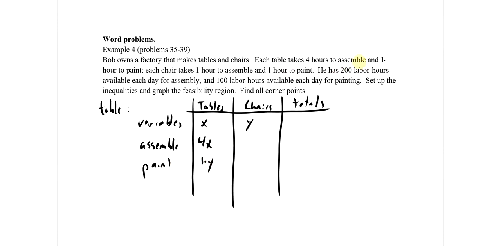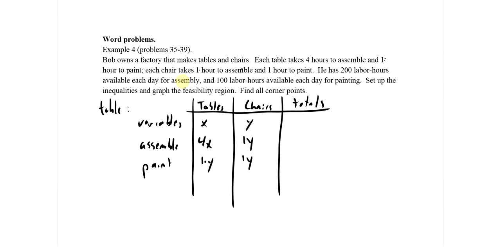Likewise for chairs. Each chair takes 1 hour to assemble, so 1 times X, 1 times Y, sorry about that, and 1 hour to paint, 1 times Y.